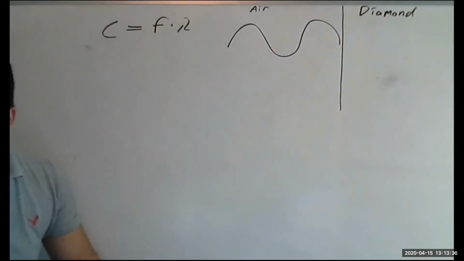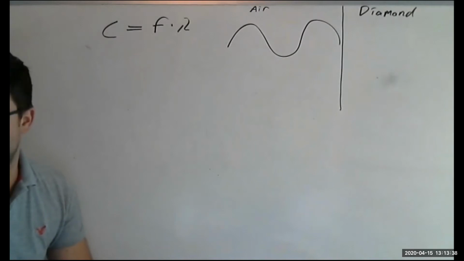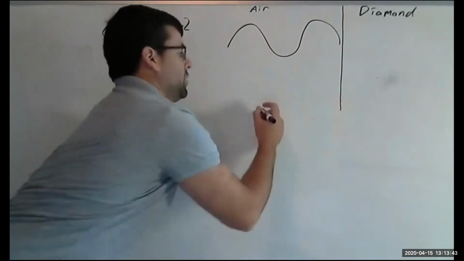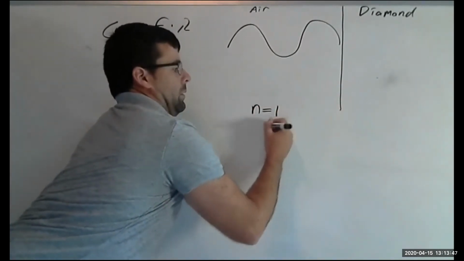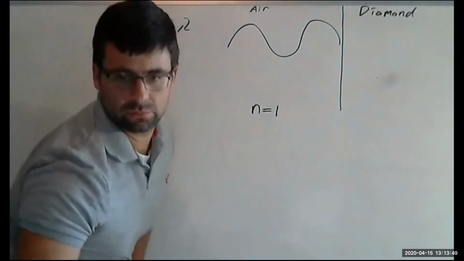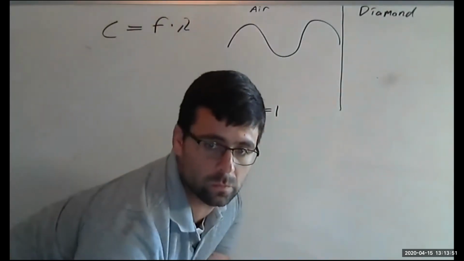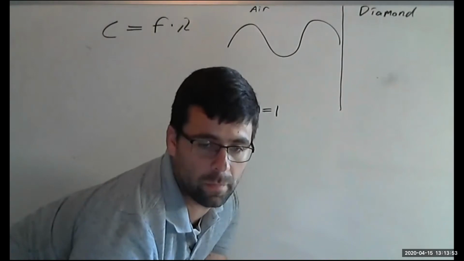So the speed changes. What did we say the index of refraction for diamond was? Does anybody remember?